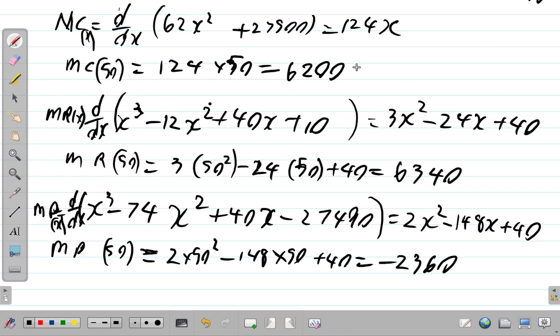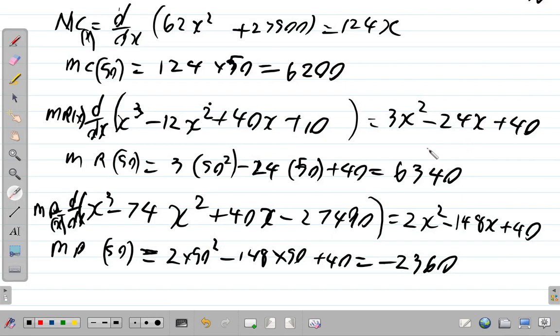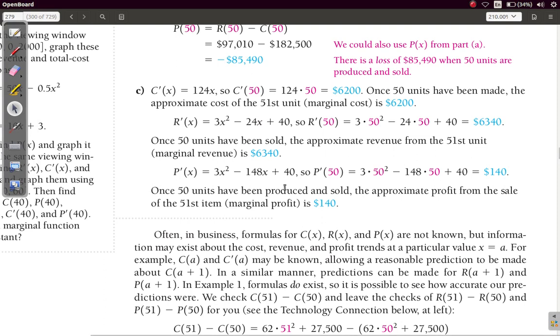We got 6200, and the marginal revenue, R prime of x, was 6340. So I agreed, but I didn't write the dollar signs. These are in dollars, so $6340.